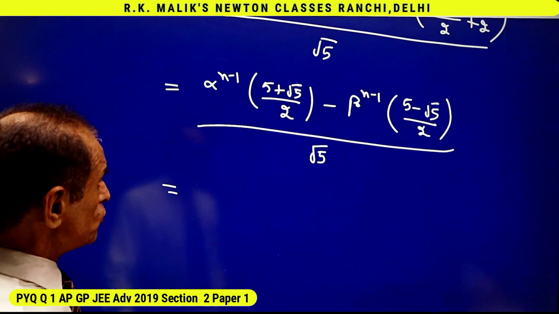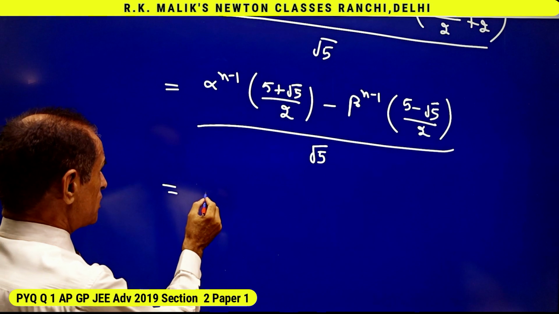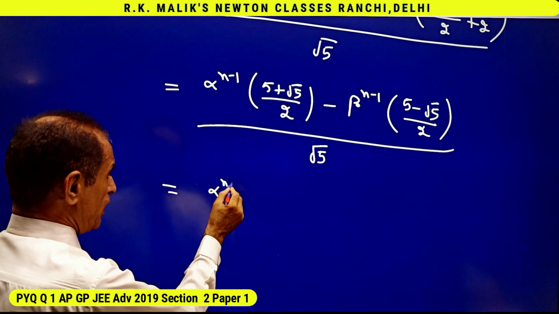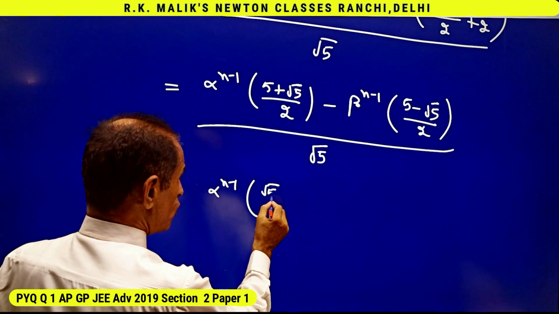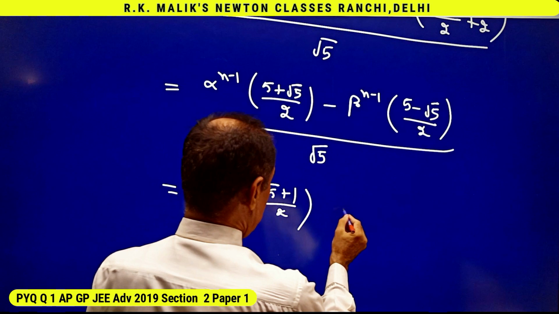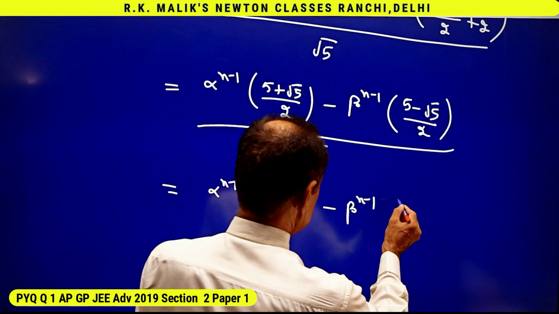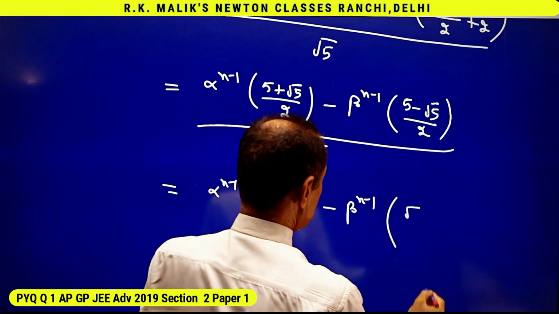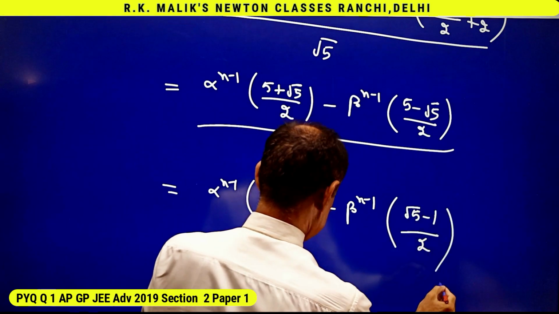This is equal to, now taking √5 common from the numerator, I will be getting alpha to the power n minus 1 into (√5 + 1)/2 minus beta to the power n minus 1 into (√5 − 1)/2.